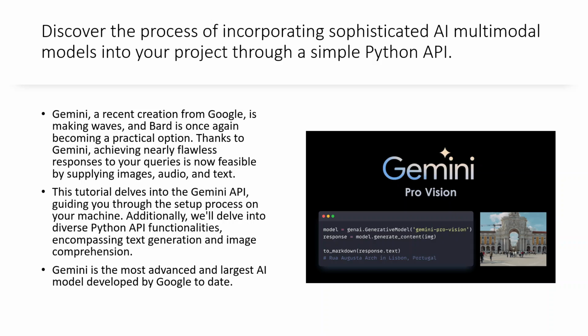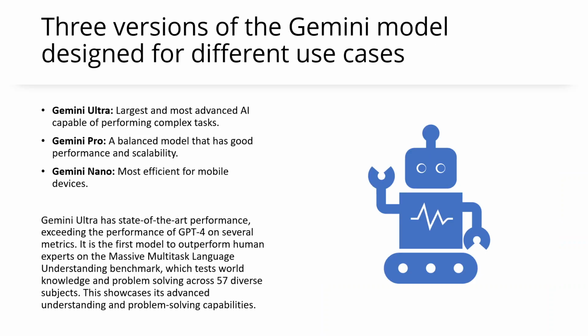Gemini is the most advanced and largest AI model developed by Google to date. So this is just a snippet of what you see over here on the right hand side in the screenshot. So just to give you a higher level understanding, there are three versions of Gemini model which are designed for different use cases.